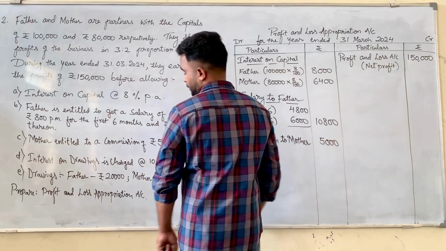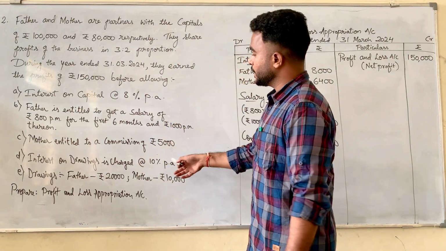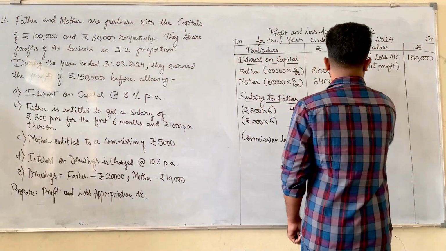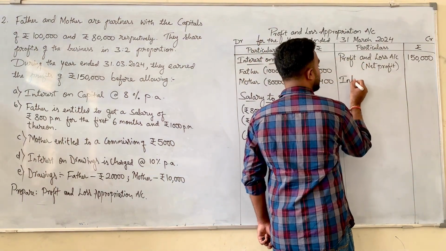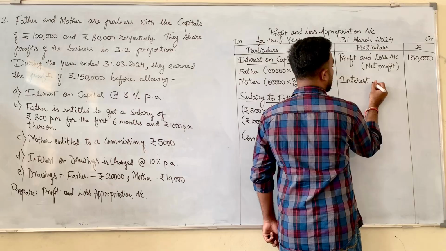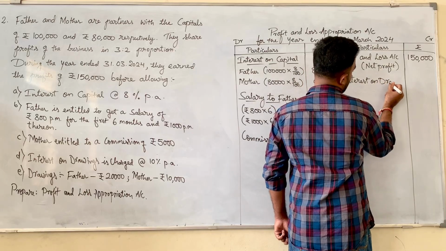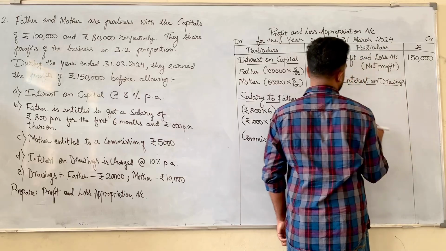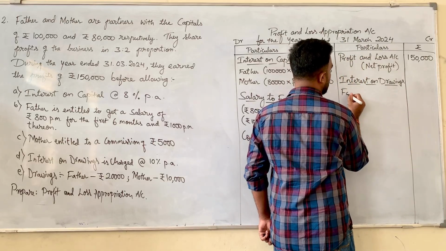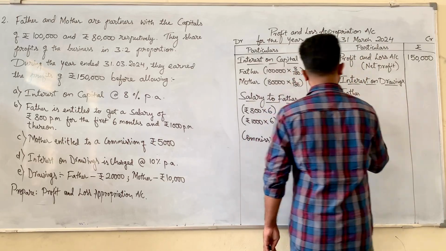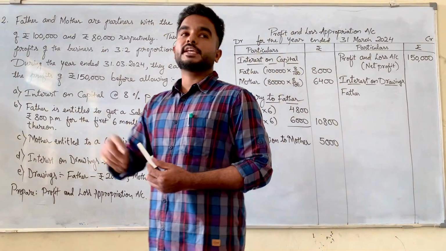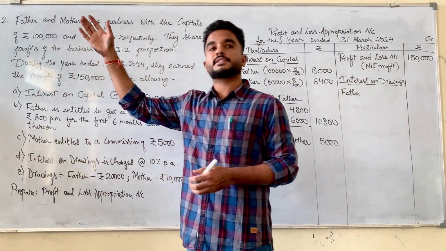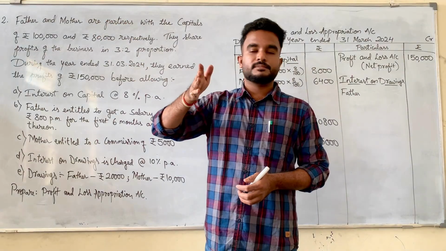Interest on drawings is charged at what rate? 10% per annum. So listen carefully, very very important. Interest on drawings. Who are the partners? Father and mother. Okay, listen. In case of interest on capital, we know that capital is there since the beginning of the year till the end of the year.